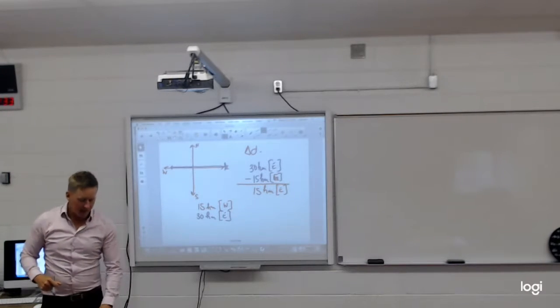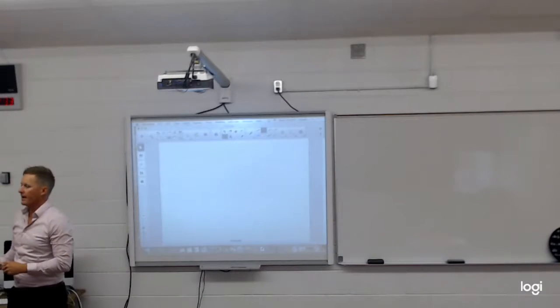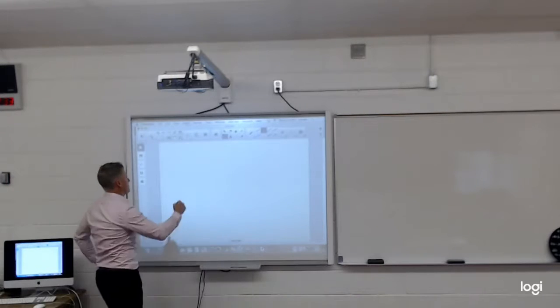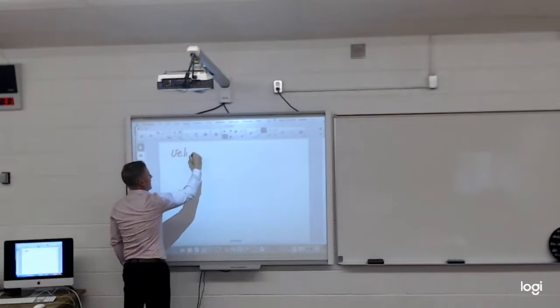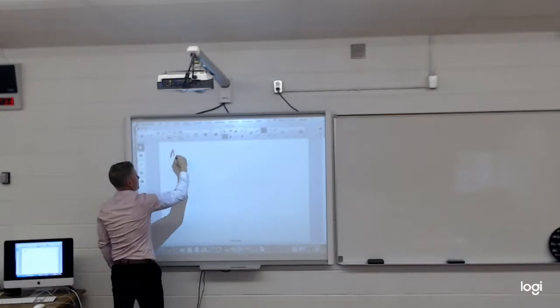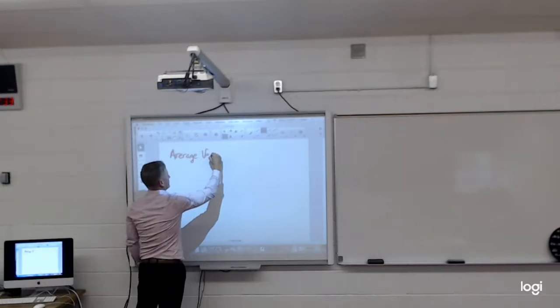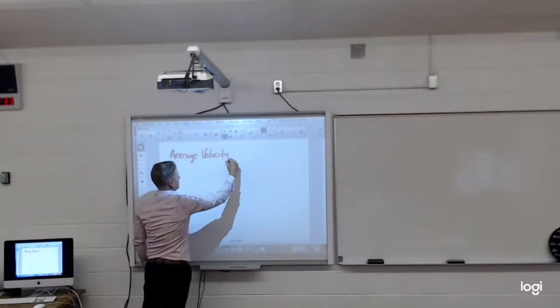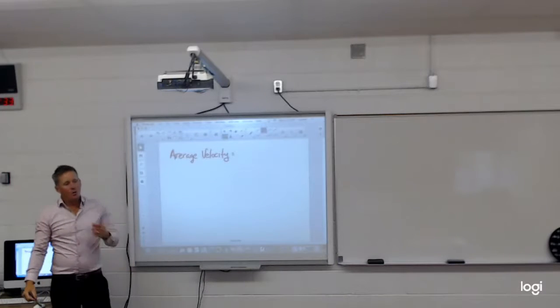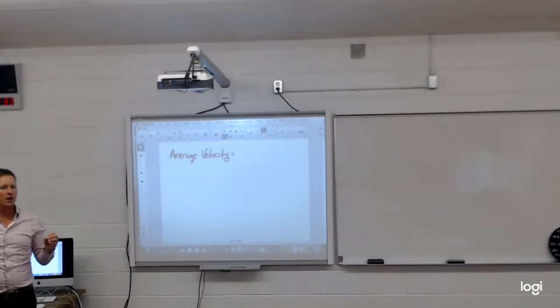Okay, so back to what I'm saying here. One of the most important things that students have a hard time remembering is, when I ask you for average velocity, I am asking you for your change in displacement over your change in time.